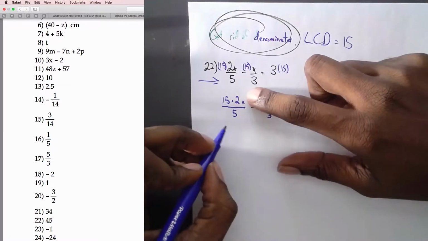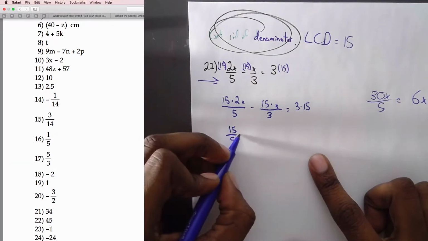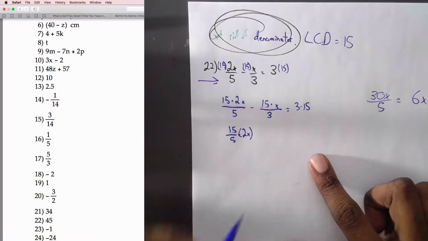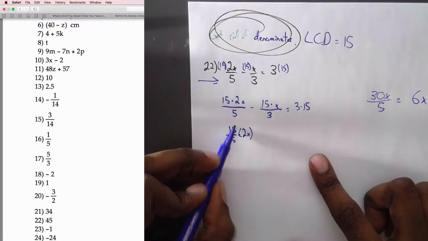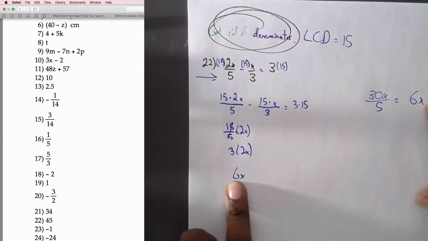So the idea is, and I'm going to put an extra step here, you don't actually have to write this, that if I were to rewrite it like this, see, 15 over 5 is 3, and that 3 times 2 is 6, giving us the same thing here. But to show you that there are multiple ways to do it.